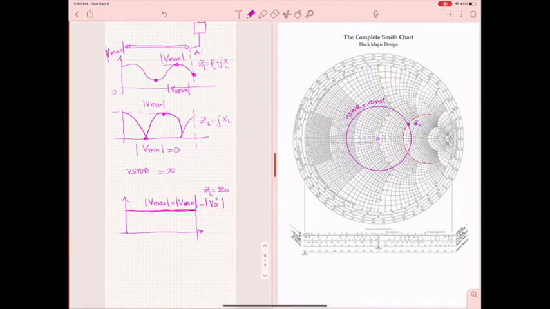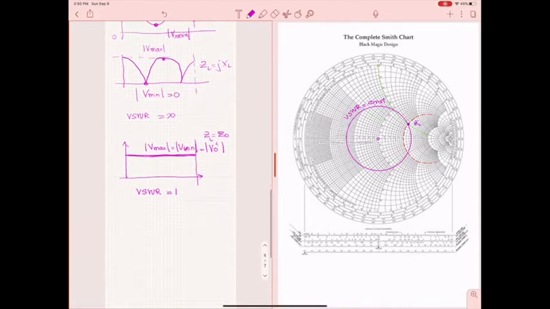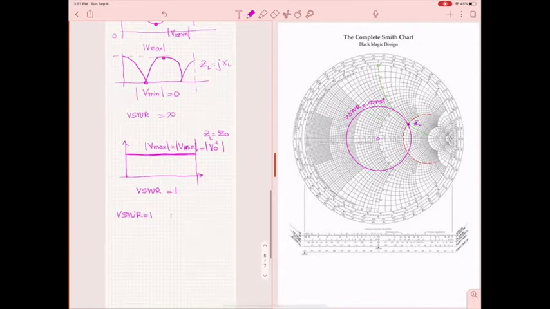Why is that? Because there is no reflection. So in this case, your VSWR equals what? 1. So practically, the VSWR is a very important parameter, and when it is 1, it shows that we have a complete match.